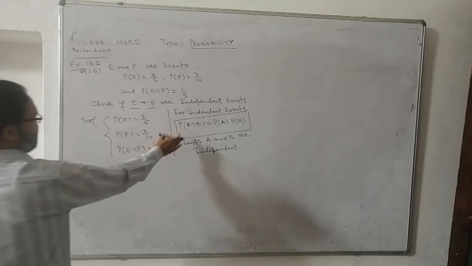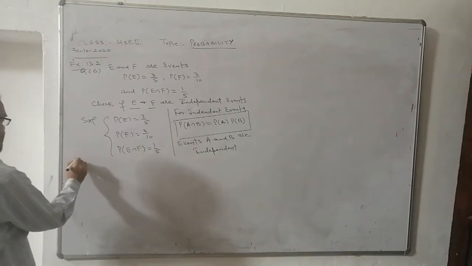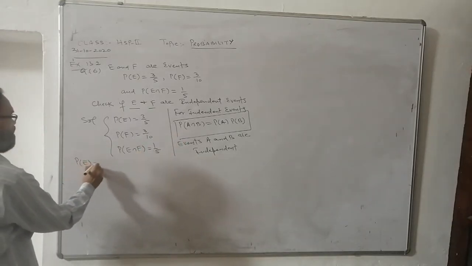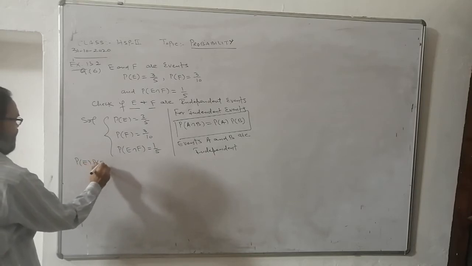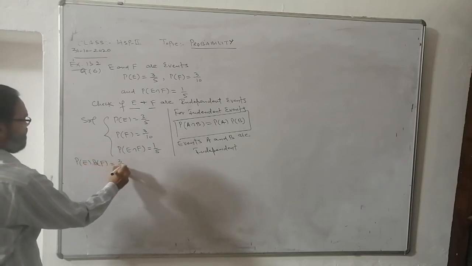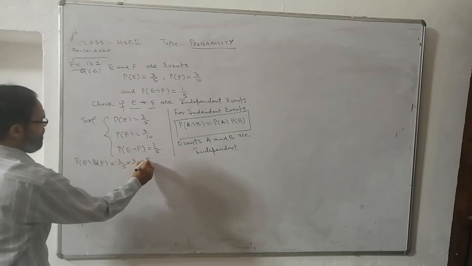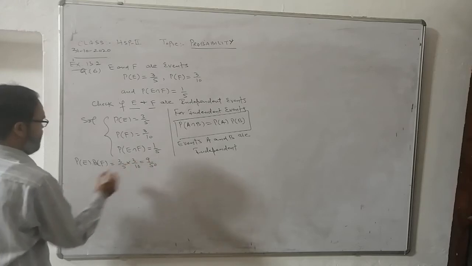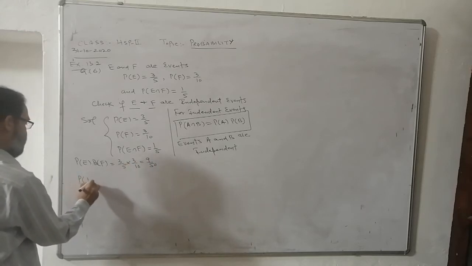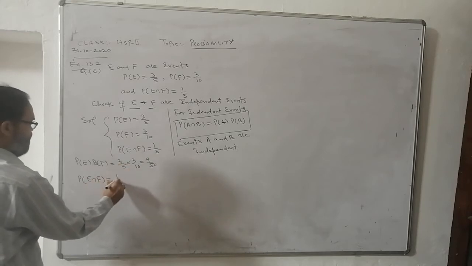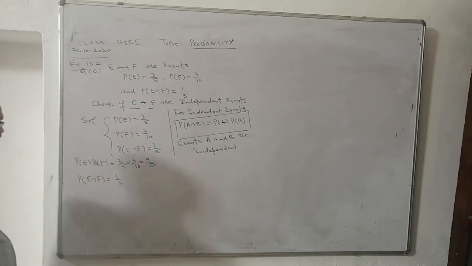So using this formula, let us check probability of E into probability of F. This will be 3/5 into 3/10, which is 9/50. And probability of E intersection F is given as 1/5.